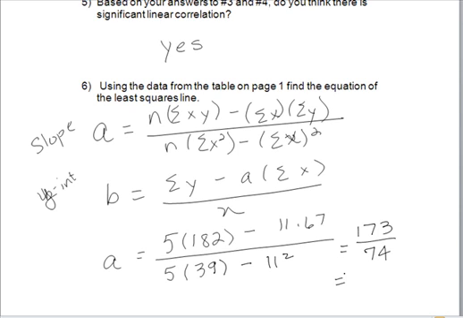Okay, so our b is the sum of the y's, 67, minus a times the sum of the x's, over 5. All right.